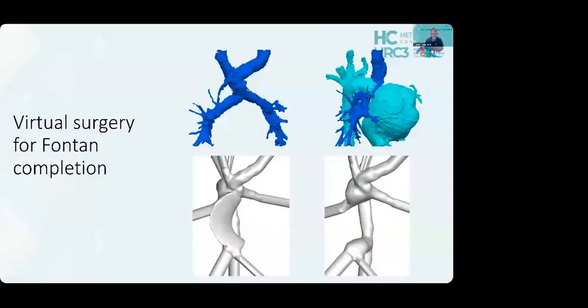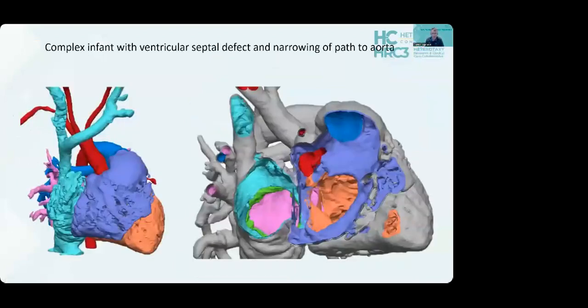We also do virtual surgery for Fontan completions or Fontan revision operations, as you saw in the single ventricle heterotaxy patient we discussed a bit ago. And this highlights a patient with a complex ventricular septal defect, similar to what we often see in heterotaxy patients.